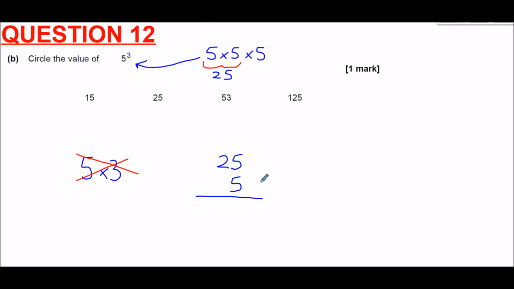Or you could do 5 times 5, which is 25. So put the 5, carry 2 over. And finally, 5 multiplied by the 2 is 10. Plus the 2 we carried is 125. So the one we need to circle for section B is 125. 5 cubed is 125.